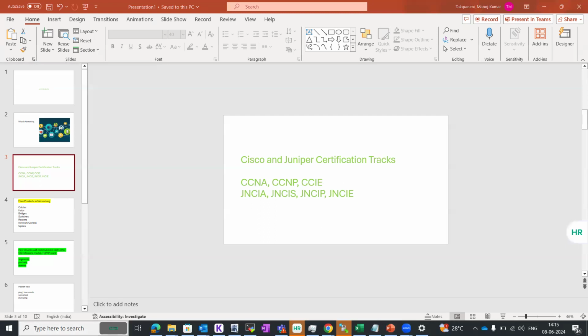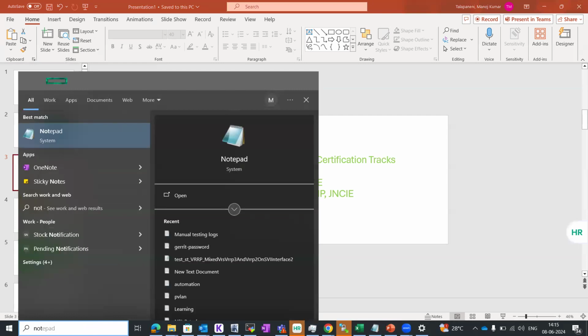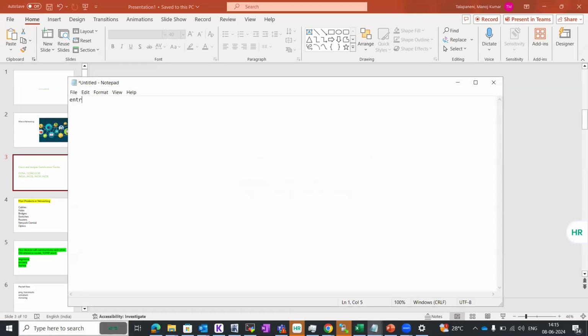What I mean to say is, for example, taking notepad here, in enterprise we have different branches: enterprise routing and switching, service provider routing and switching, data center routing and switching, and we have the security branch, and we have DevOps also.